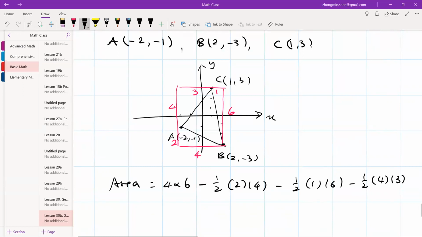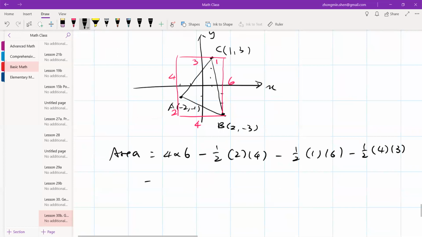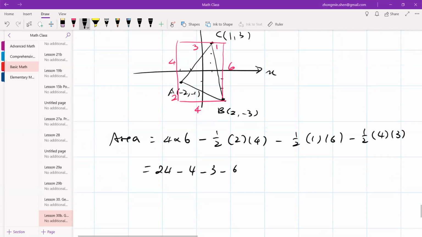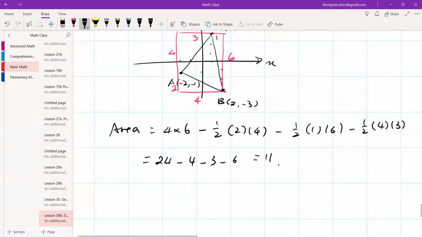Then simplify. So 11. Great, it's 11. So now you have a pretty good idea how to use subtraction to find the area.